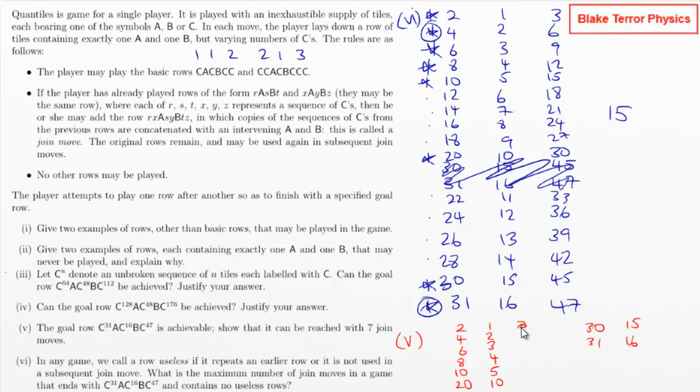That'd be 3, 6, 9, 12, 15, then double it to 30, then go to 45, and then add the 2, 47. Right, okay. So yeah, a little bit of fiddling around, but it was easier doing part 6 and then going back to part 5 than it was to just go straight in on that 7 joins. But I suppose that's the way you can do it.